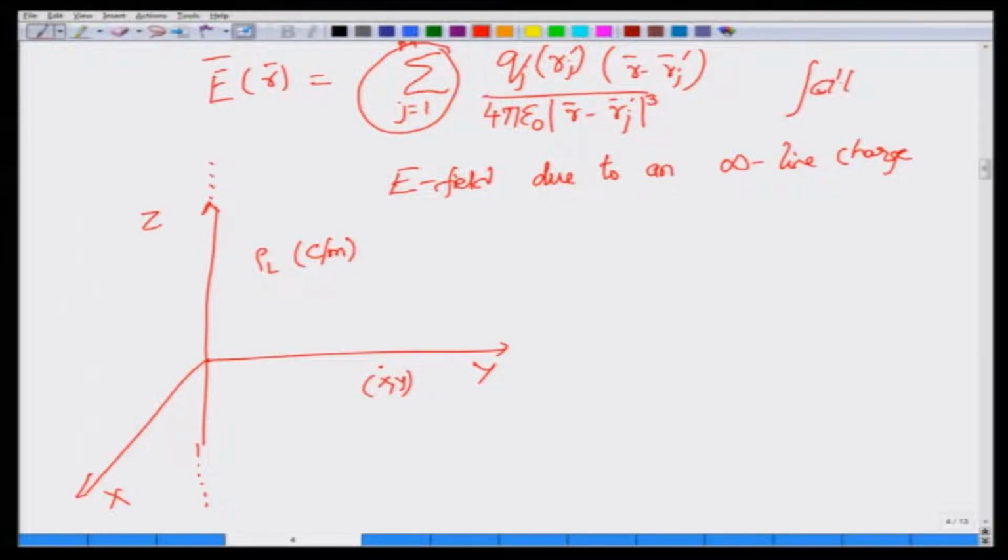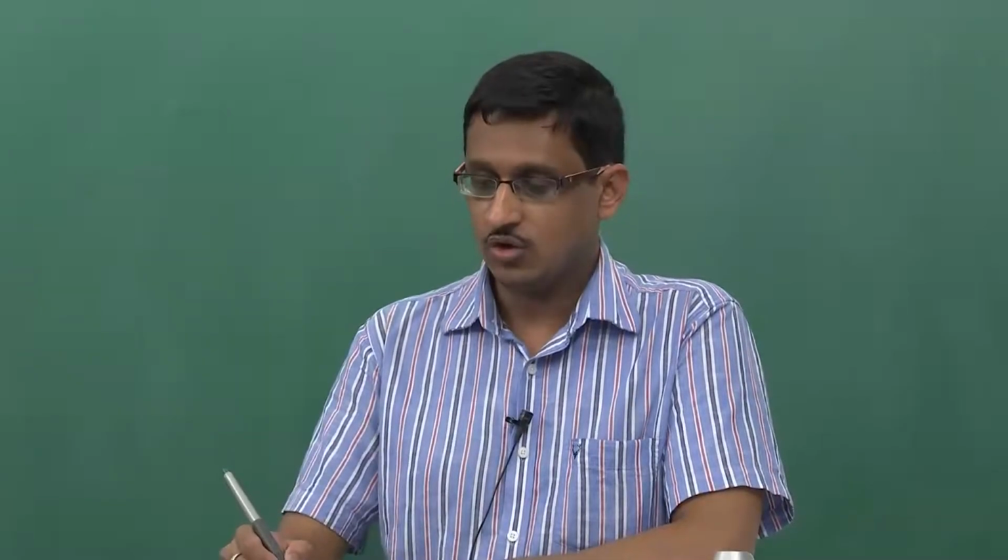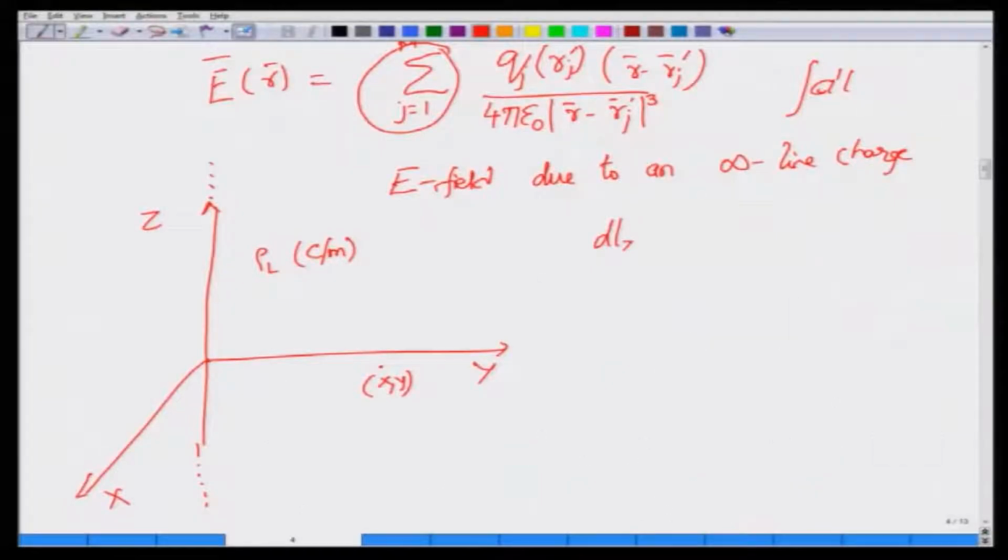Now, remember that in Cartesian coordinate systems we showed that the line integral along the z direction is simply dz along that particular direction, right. So, the line integral is actually along the z direction. So, this dl is actually dz prime. Of course, in this case I do not really need the vector notation, so I am not going to use the vector notation. Okay. This is how the line charge changes.